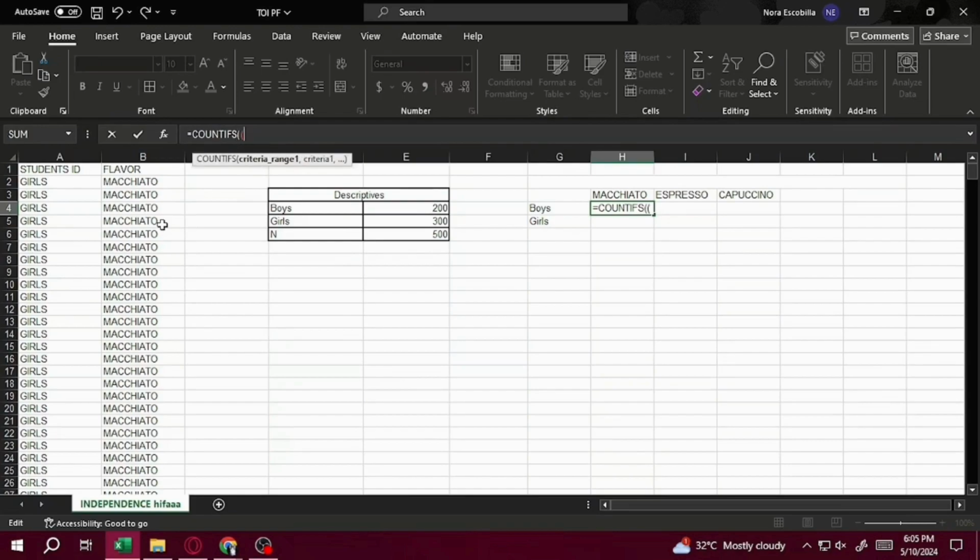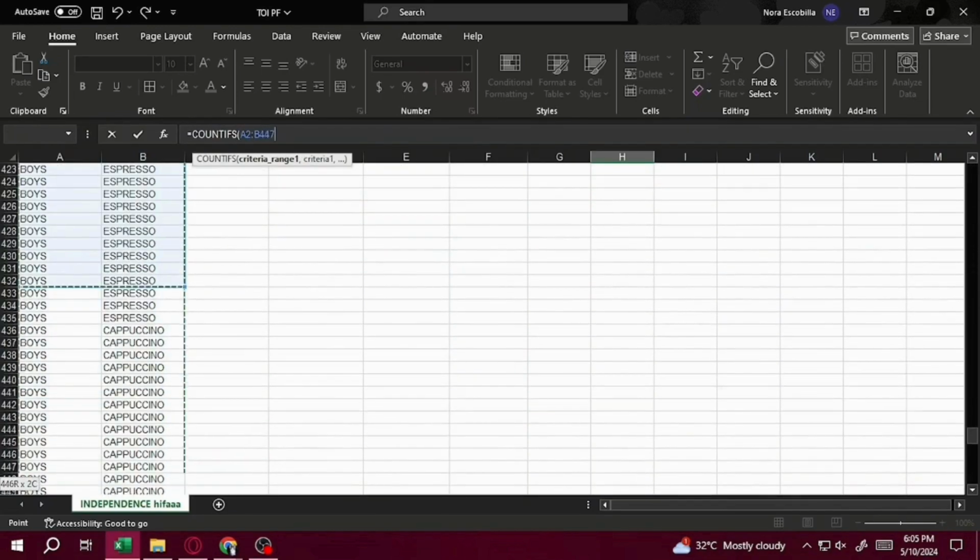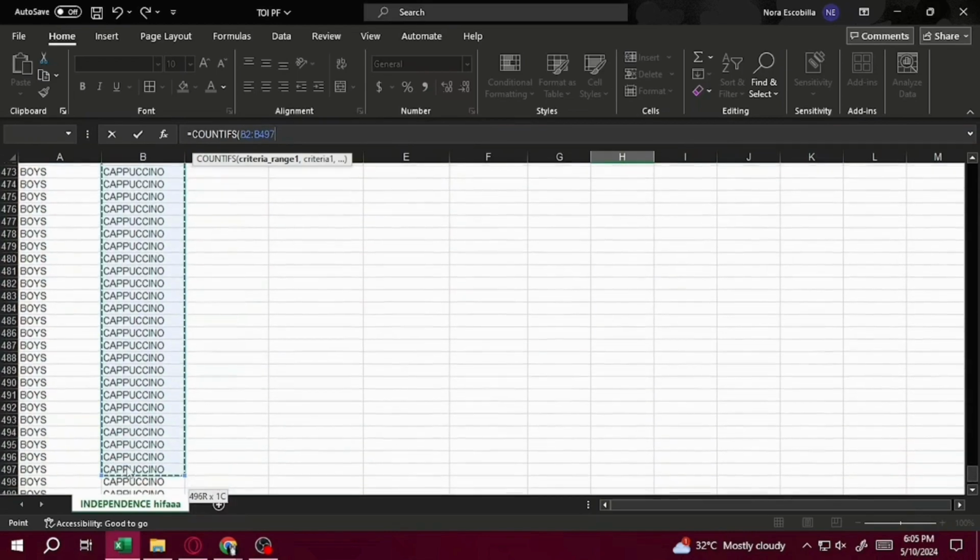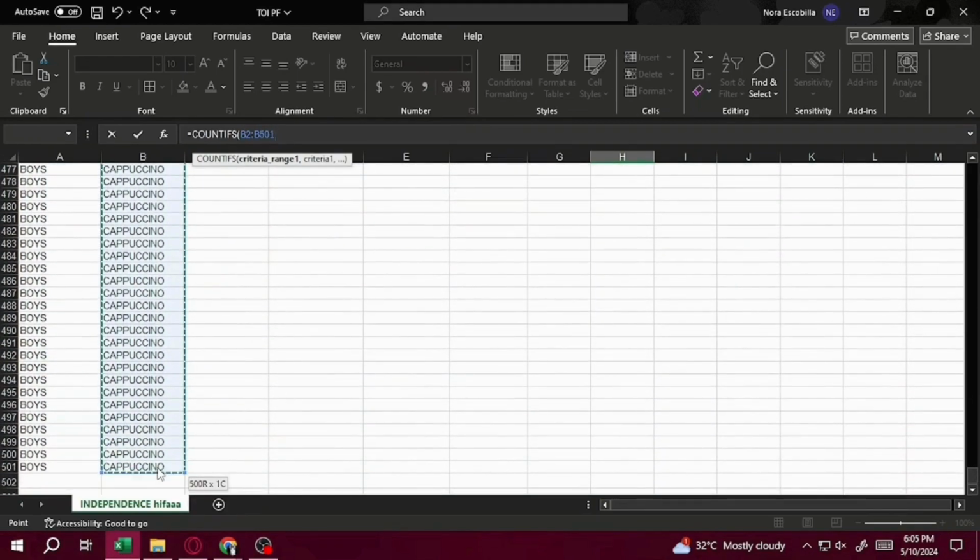This is followed by a comma and a quotation mark that contains the criteria we want to identify. Let's hold the criteria because, like I said, we can copy the function and change the criteria to make it more efficient. And type the flavor, which is the macchiato.